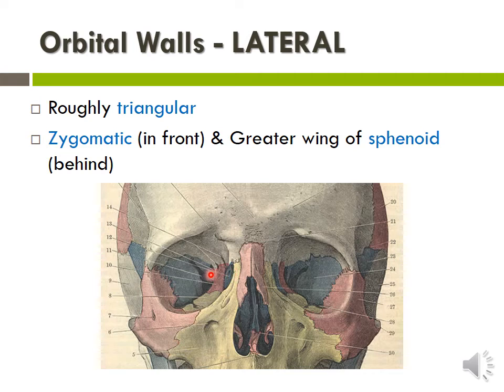When you come to the medial wall, we have 4 bones: again your maxilla, your lacrimal, your ethmoid, which is thin like paper, and the lesser wing of sphenoid. And when you come to the lateral wall, you have 2 bones mainly, your zygomatic and sphenoid. Which wing of sphenoid? Greater wing of sphenoid.